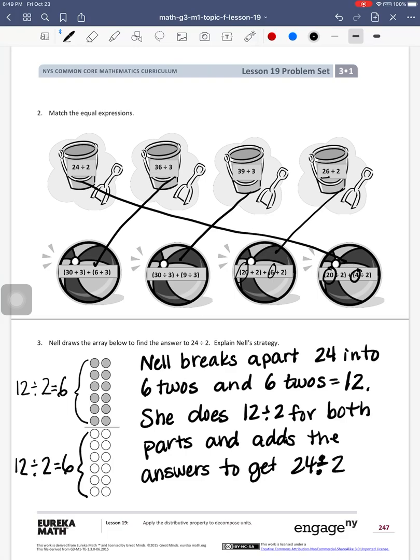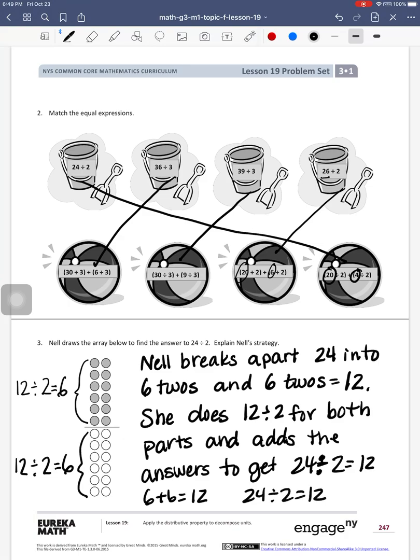Oops, that's a little sloppy. Sorry about that. And 24 divided by 2 equals what? 12. Yeah, 6 plus 6 equals 12. Or 24 divided by 2 equals 12.